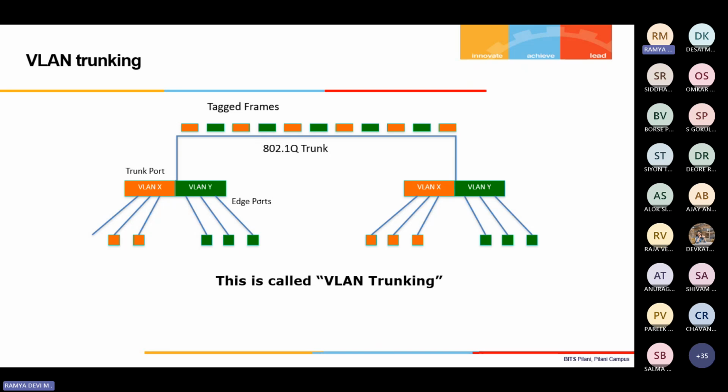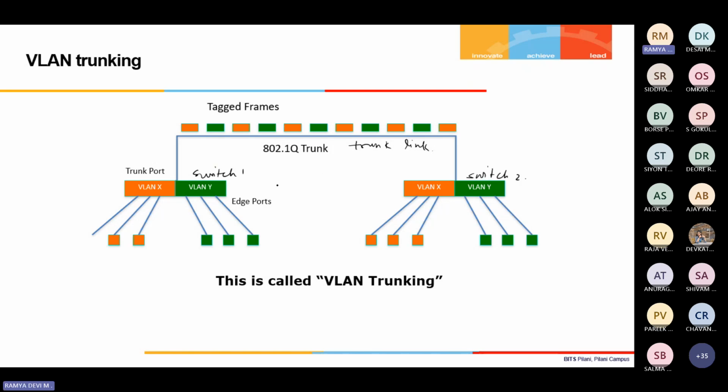So how will the VLANs communicate with the help of a single link? Okay, this is your trunk link. So there are two VLANs, VLAN X and VLAN Y. With the help of a trunk link, two switches are connected. This is switch 1 and this is switch 2.